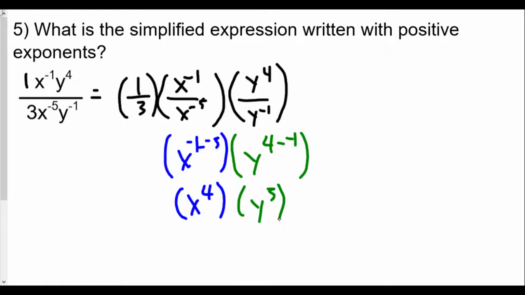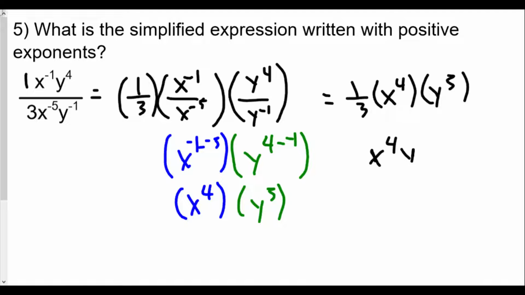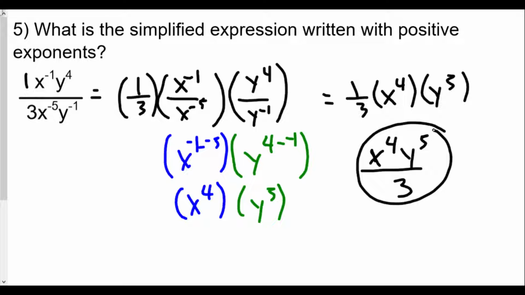And these are over 1. So we end up getting 1/3 times x to the fourth times y to the fifth, or x to the fourth times y to the fifth over 3. And that's our answer.